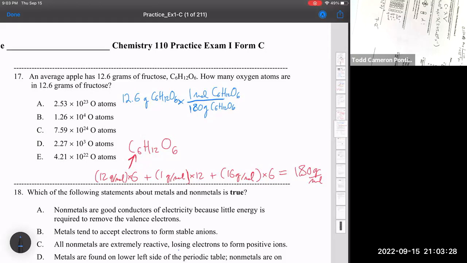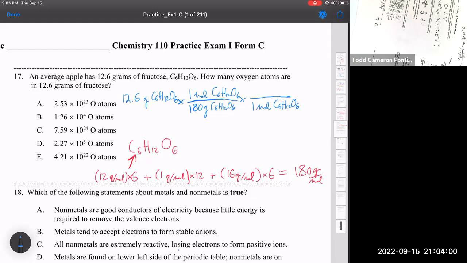But are we trying to find the number of moles here? Nay, we're trying to find the number of oxygen atoms. There's 2 different ways we can go about it. They're going to involve the same exact calculations, though. What I like to do first is, for every 1 mole of C6H12O6, a mole always means the same amount. Like a dozen. If you have a dozen cookies, that means 12 cookies. If you have a dozen donuts, that means 12 donuts. If you have a dozen ribeyes, that means 12 ribeyes.